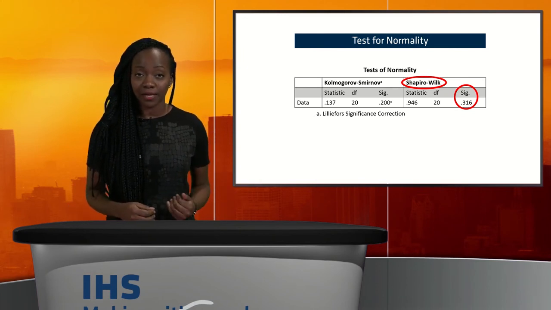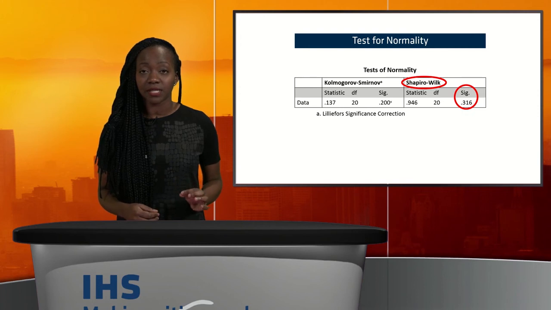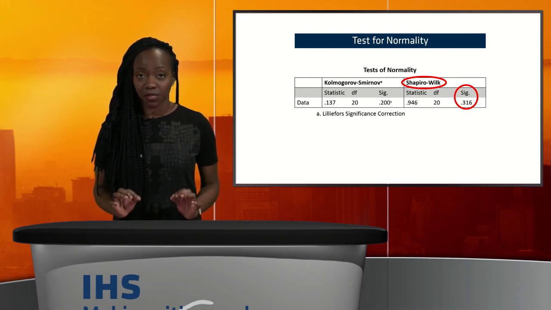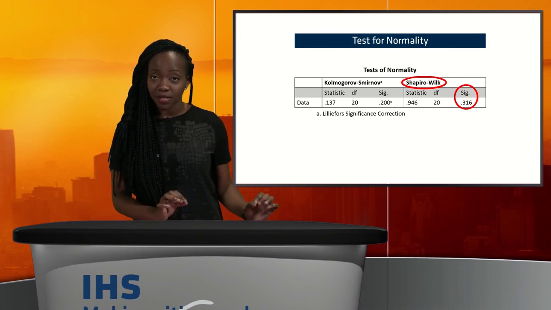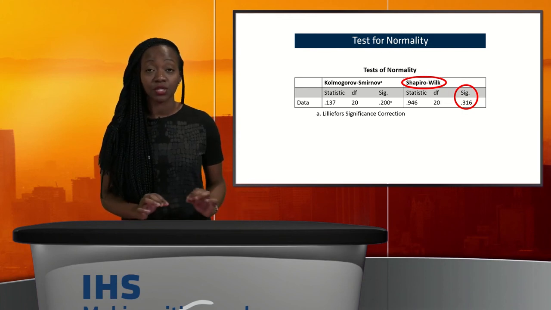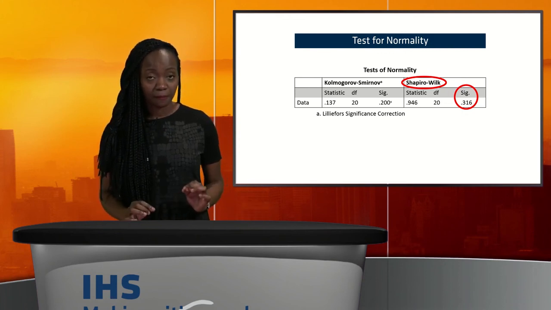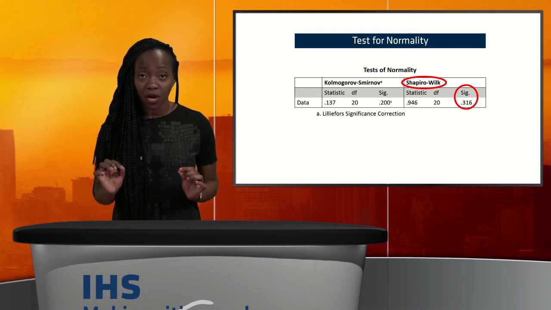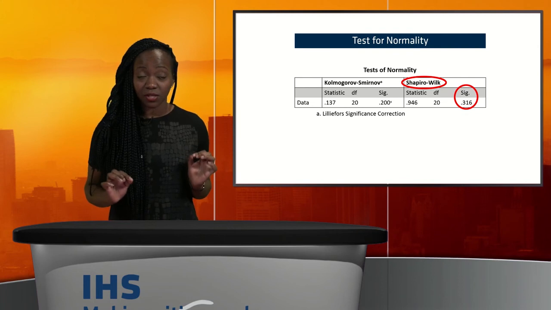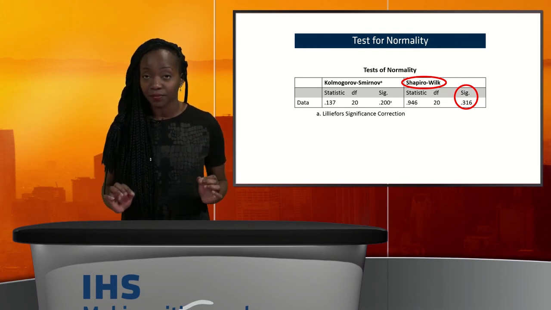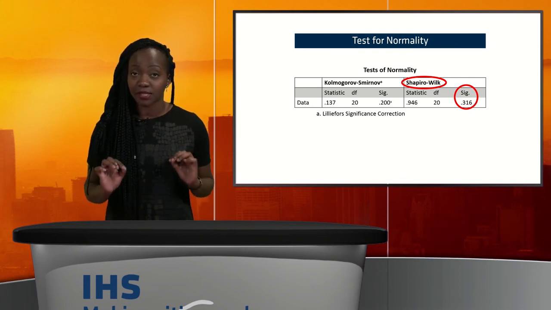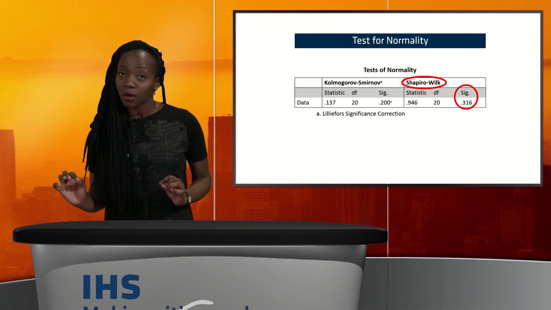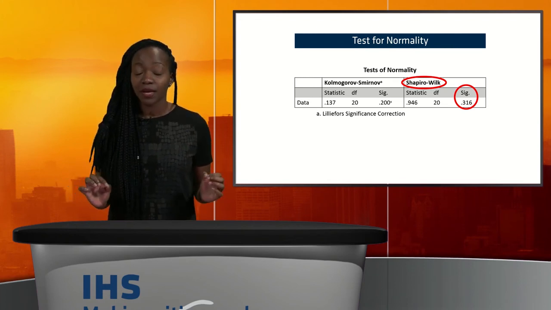For the test of normality, the null hypothesis is that the data is normally distributed, and the alternative hypothesis would be that the data is not normally distributed. Now bear in mind that we would run a test of normality on the dependent variable that consists of continuous data, meaning data that is measured either as interval or ratio.